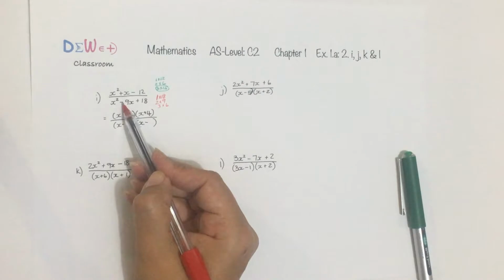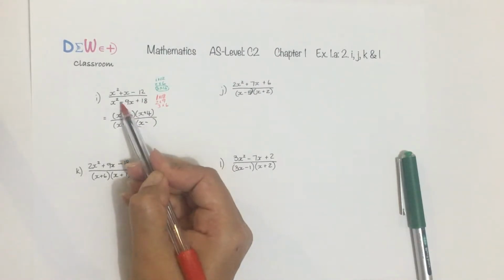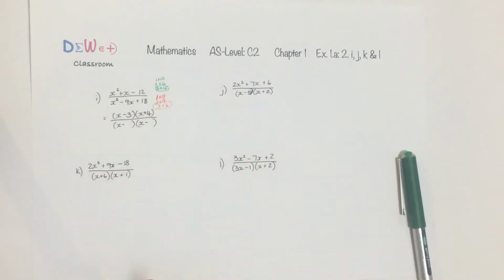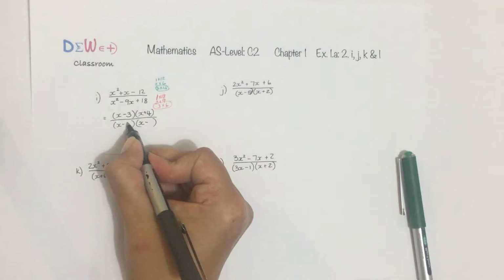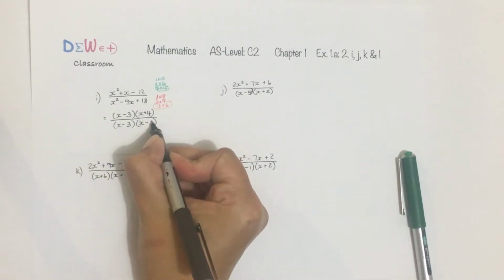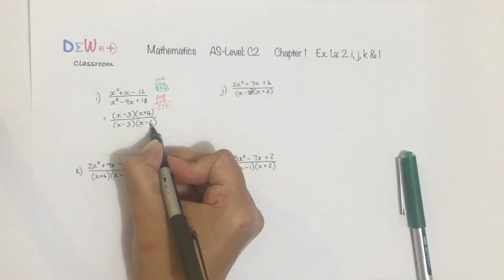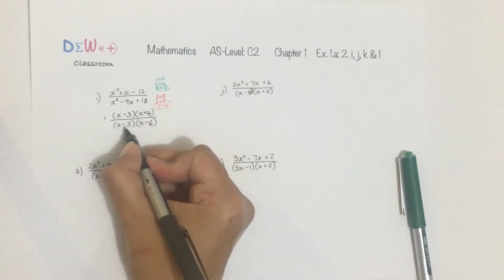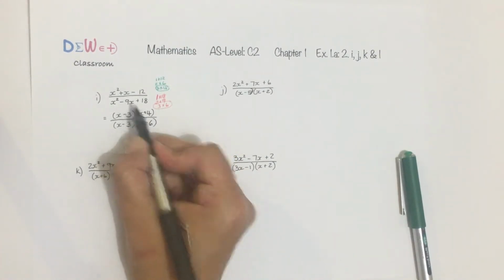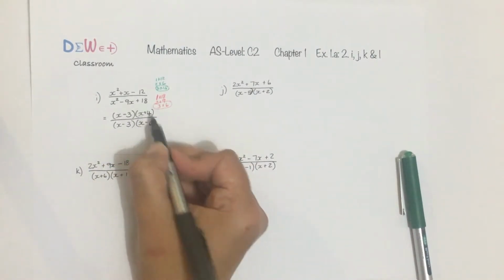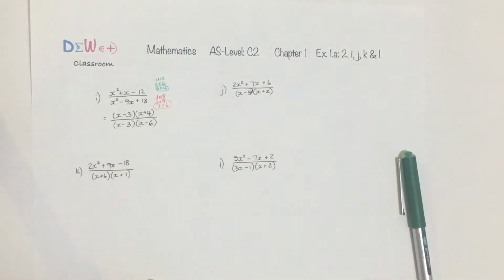We're going to have to add them to get to a 9, and so 3 plus 6 will give us 9, and it's going to be two negatives, so it will be negative 3 and negative 6, because x times 6 is negative 6x, and negative 3x will give you negative 9x. And then if we multiply them out, 3 times 6 will give us 18 for the positive 18 at the end.